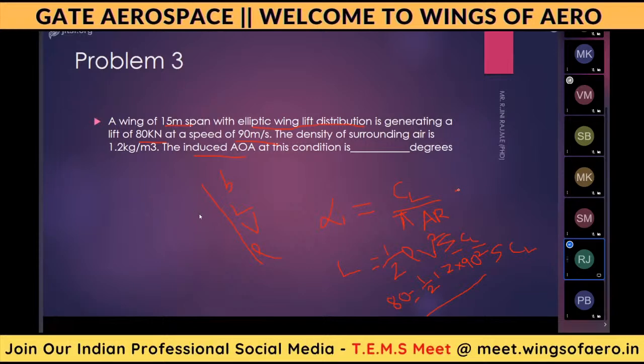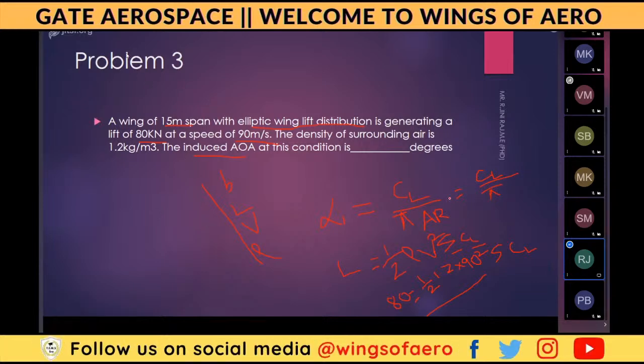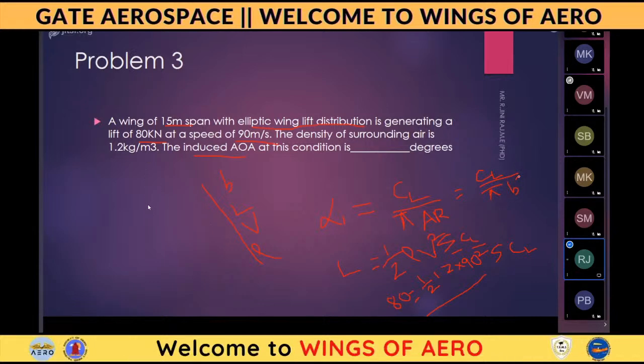But we know alpha equal to CL divided by pi into AR. Pi into AR, aspect ratio, is equal to B square divided by S. That is, S will come to the numerator.